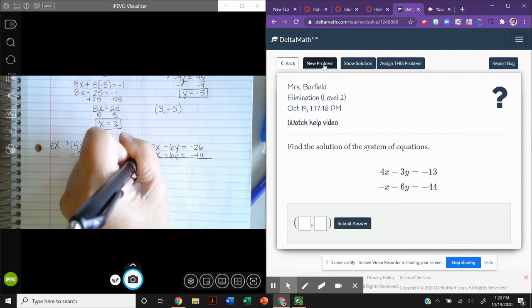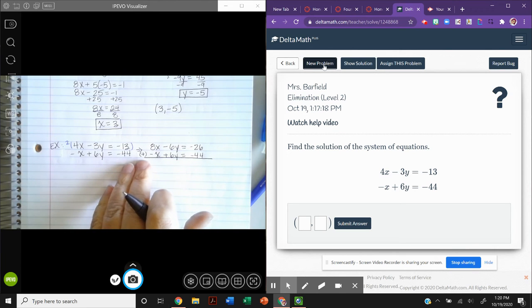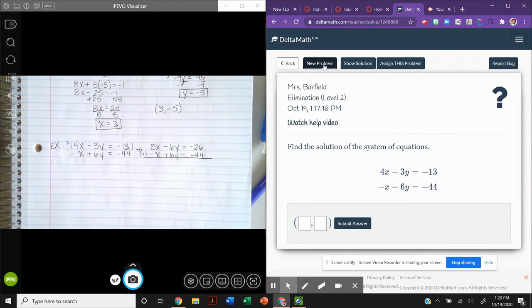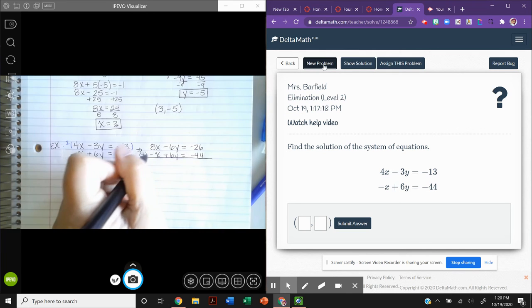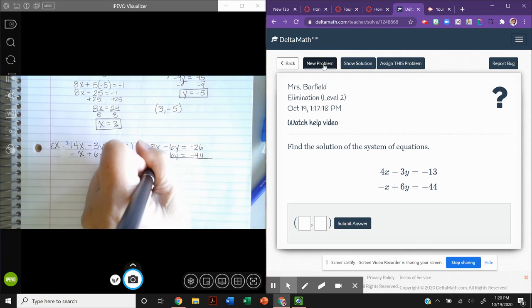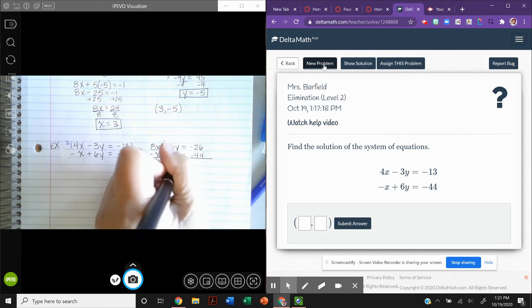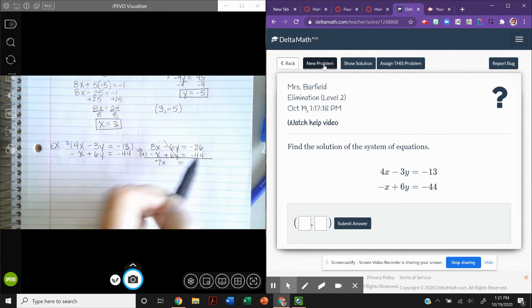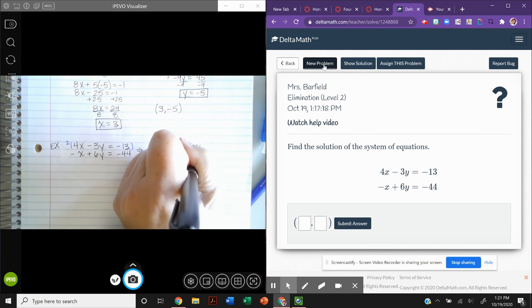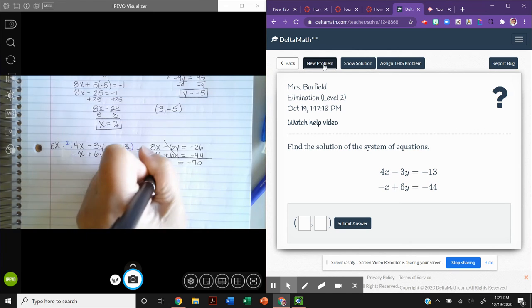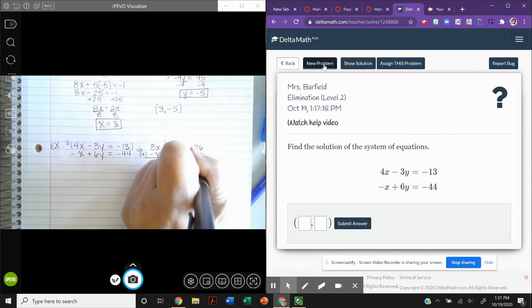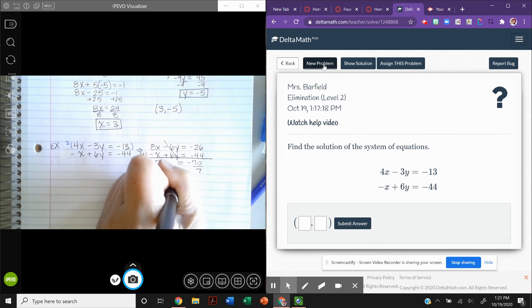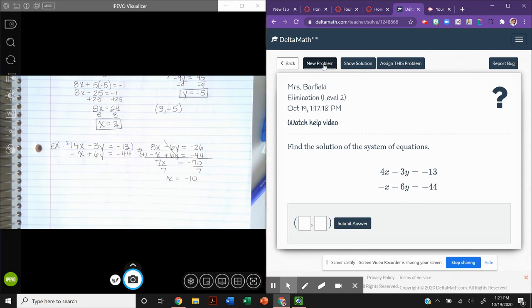And now I'm going to add. I just prefer adding because I don't make as many mistakes. So 8 plus -1, that's going to be 7x. This eliminates the y, and -26 plus -44 is going to be -70. So I'm going to divide by 7. So I get x equals -10.